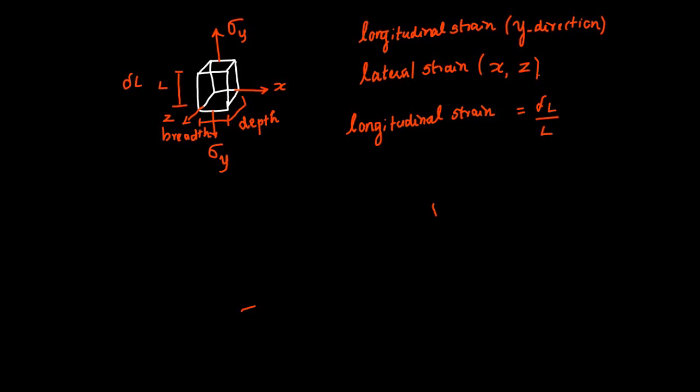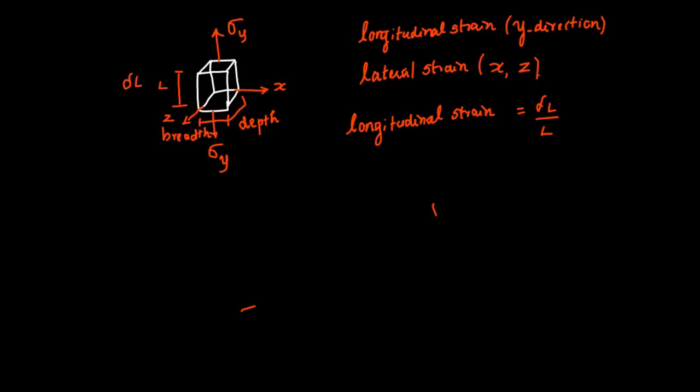I can also define lateral strain because the dimension along the x as well as the dimension along the z direction, they are also changing. The breadth is changing, the depth is changing. So we can say that those strains are called the lateral strains. I can also define that.